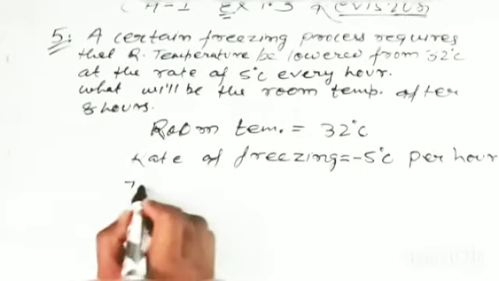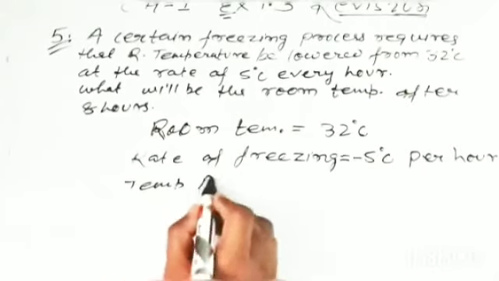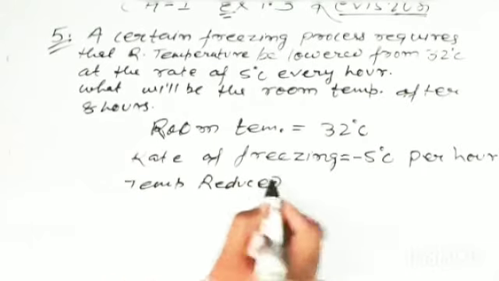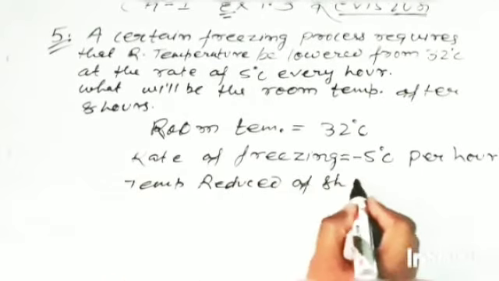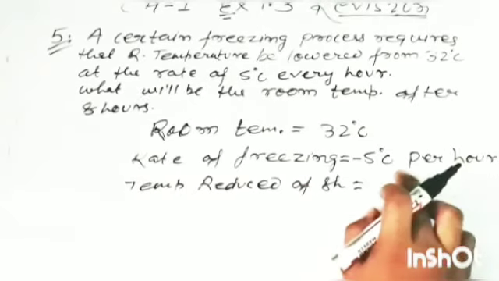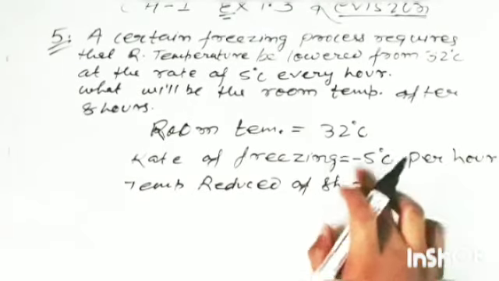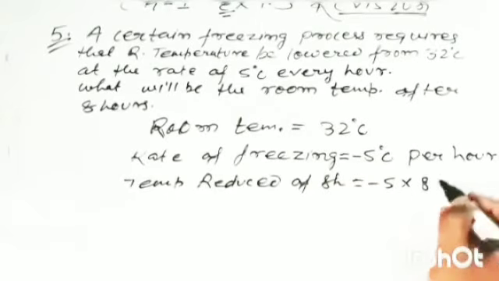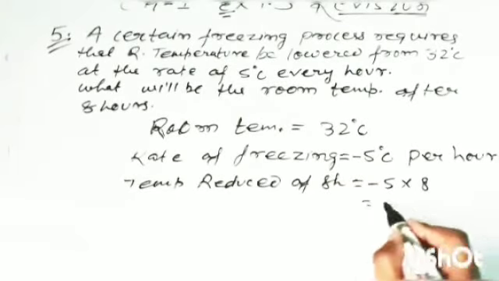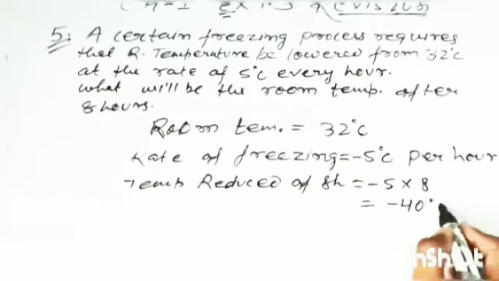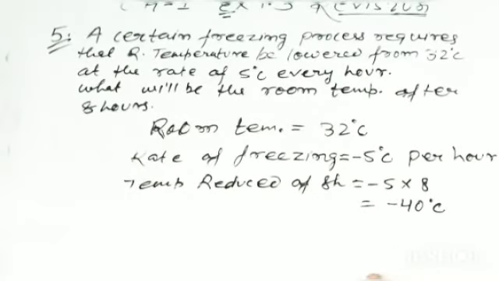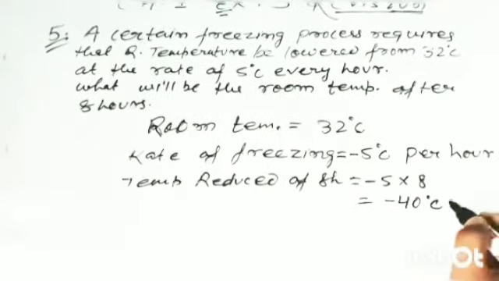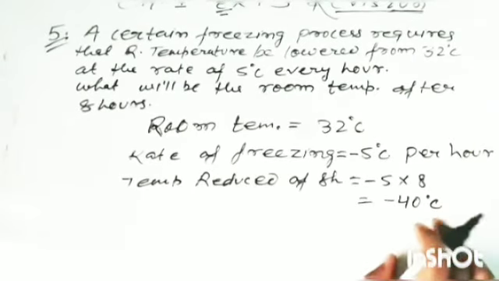So temperature reduced after 8 hours, means in 1 hour 5 degrees Celsius is decreasing, then in 8 hours, we have to multiply to find out. Minus 5 into 8 gives you minus 40 degrees Celsius, means after 8 hours of freezing, the temperature will be reduced by 40 degrees Celsius.